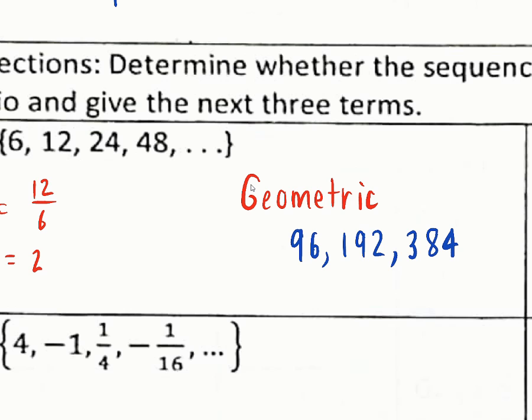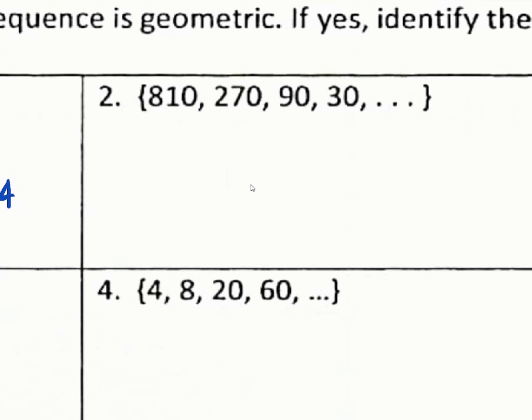All right, so that's pretty simple, right? Let me show you the opposite side of this. If you look over here at number 2, how do we find that common ratio? A2 divided by A1. So 270 is A2, my second term. 810 is A sub 1, that's my first term.